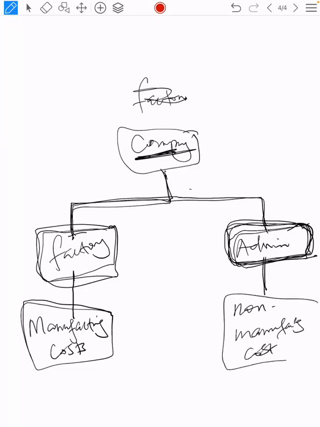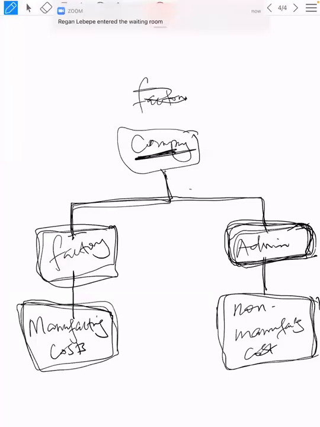On the admin side, that's where you find your marketing team, your secretary, receptionist, the CEO. So any cost that is going to originate from the administration side is going to be referred to as a non-manufacturing cost. And any cost that is going to originate from the factory, we shall refer to it as a manufacturing cost.